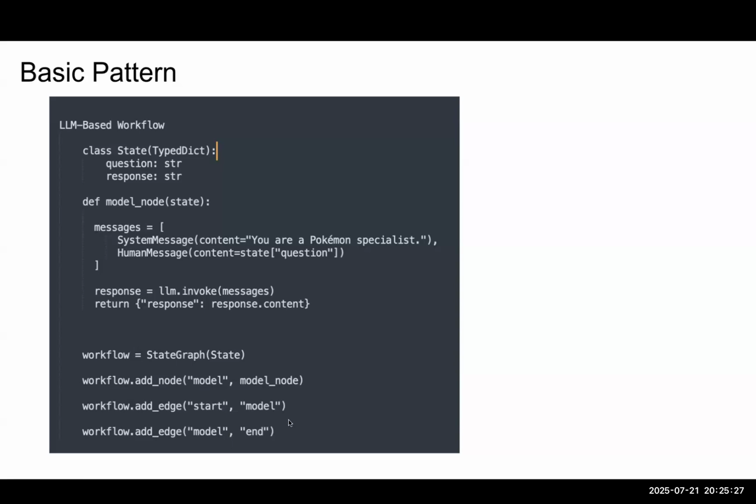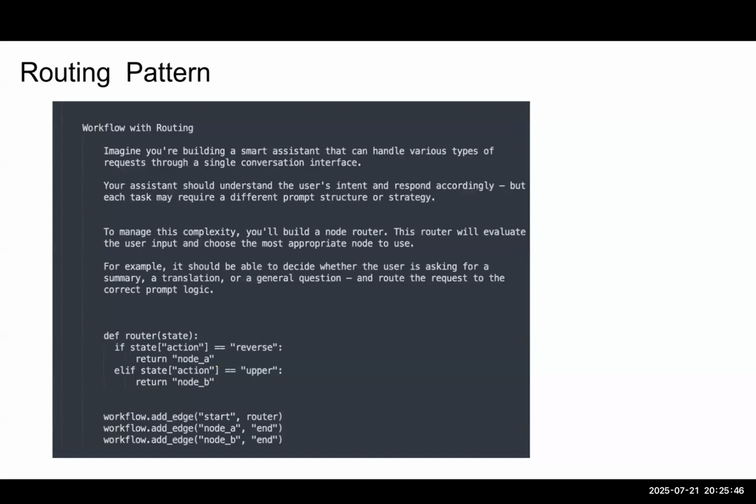But the point here is that you have created a LangGraph flow. So now you can expand this concept and create your own workflow, for example in ReAct. This is not a ReAct, it's a simple call. So next one is routing.